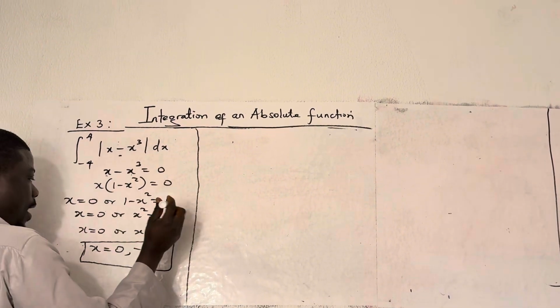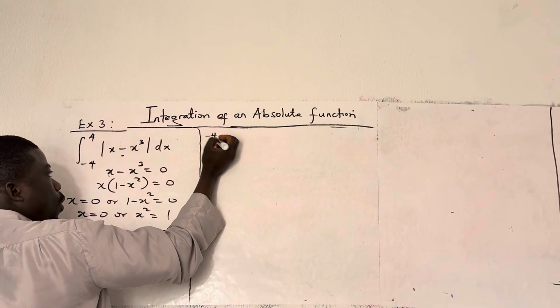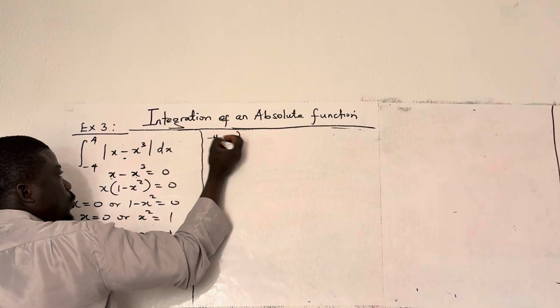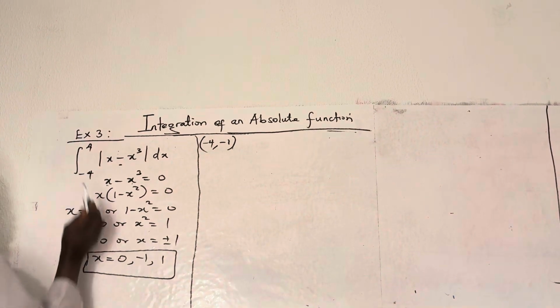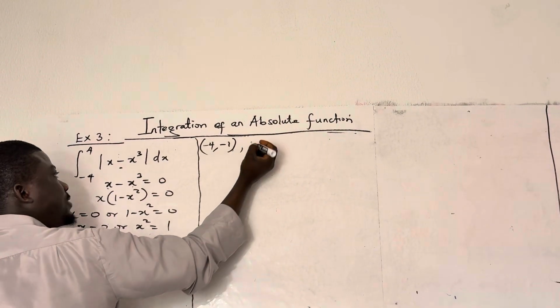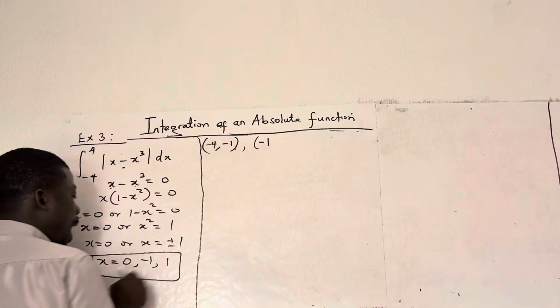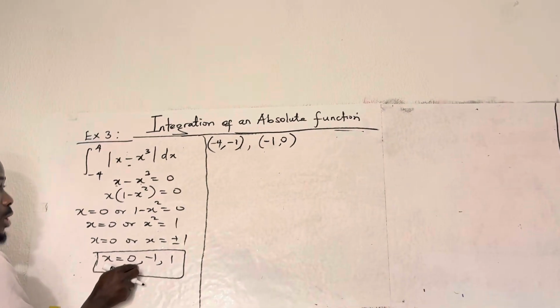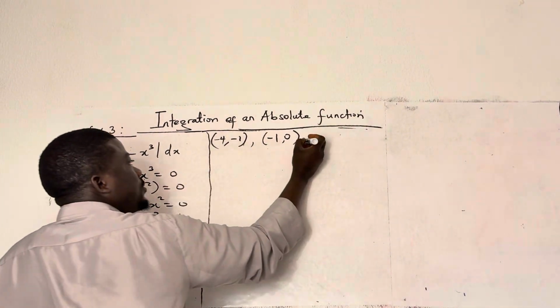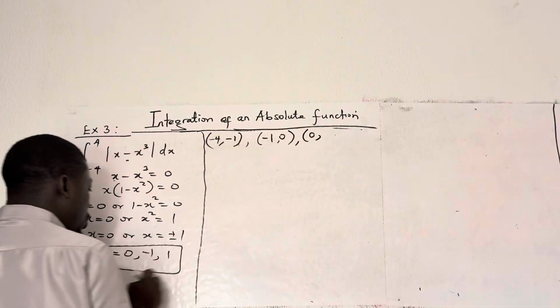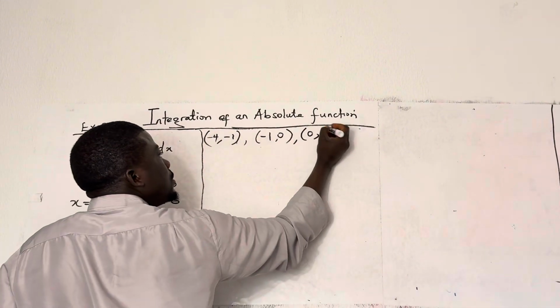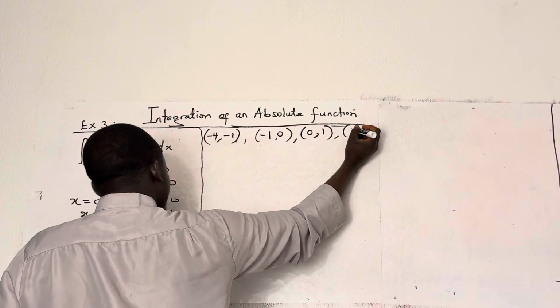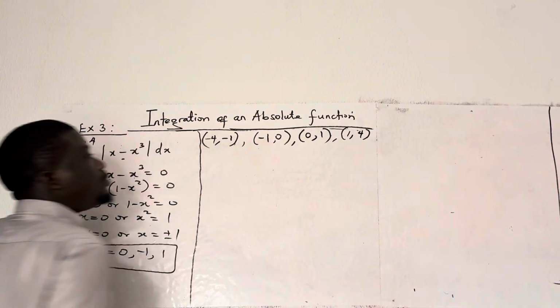We are going to have the interval from minus 4 to minus 1. At the same time, we are going to have from minus 1 to 0. At the same time, from 0 to 1. Then we have from 1 to 4.